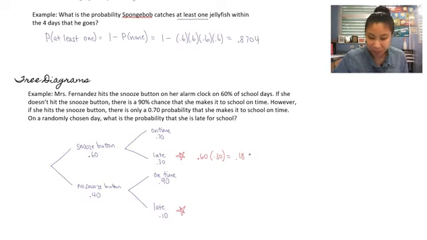Okay? And then if I don't hit the snooze button, I still might be late. So that chance would be just a 4% chance of being late that way.